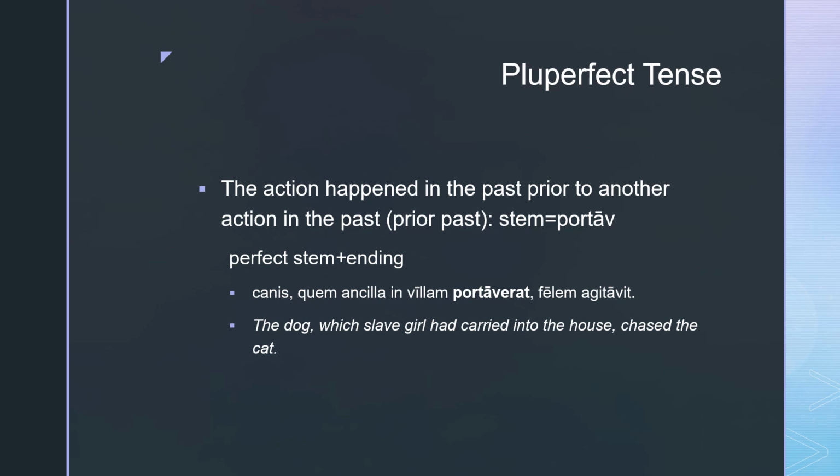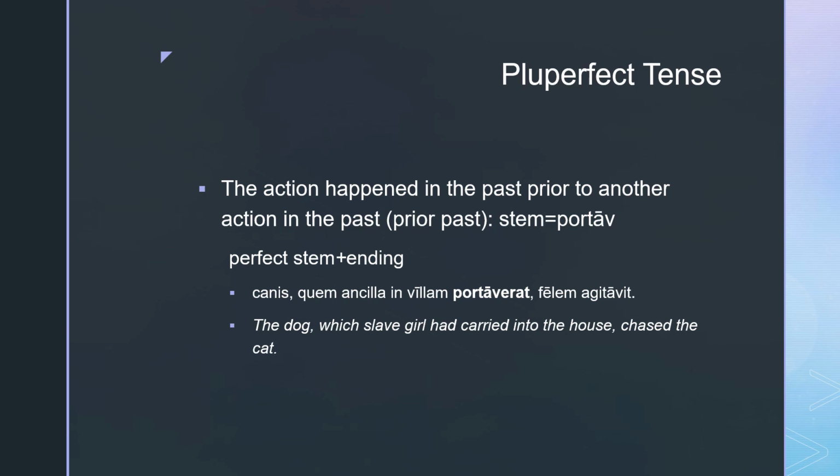And now finally to the pluperfect tense. This tense is very easy. It's easy to recognize. It's easy to translate. It's just a weird name, pluperfect, which actually comes from plusquam perfectum, which means more than perfect, or prior.